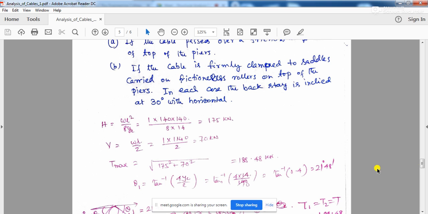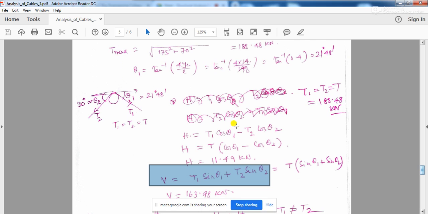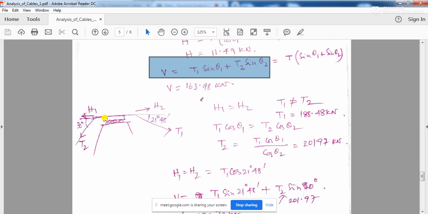Okay. So the next part of the problem says that instead of this pulley, the cable is supported on a saddle on top of the roller. What is the basic fundamental we have understood?